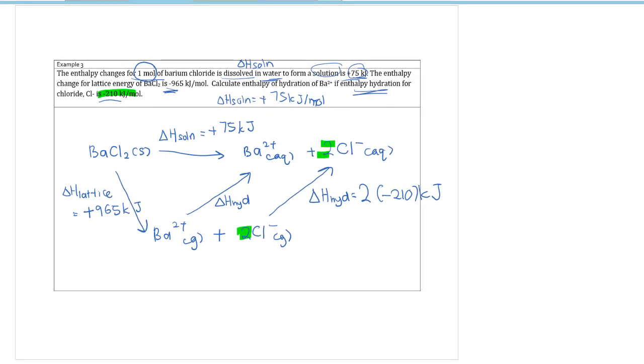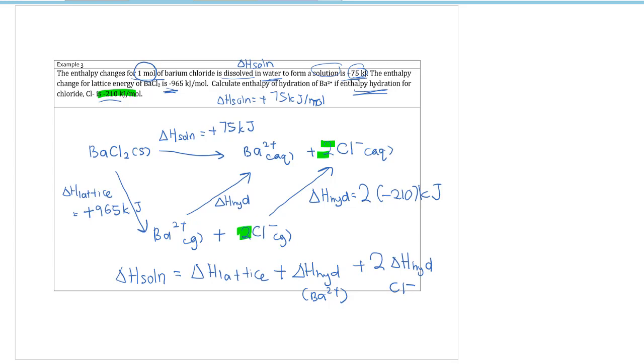According to Hess's law, the enthalpy change will be the same if the reaction takes one step, referring to enthalpy of solution, or if the reaction takes a series of steps. So lattice dissociation plus hydration of barium, which we would like to find, plus 2 times delta H hydration of Cl minus.